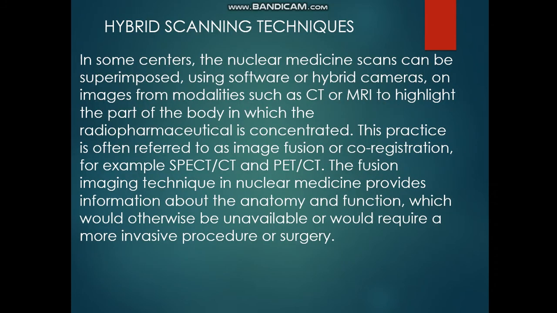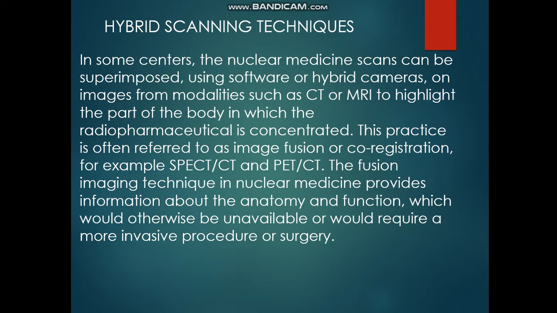In some centers, the nuclear medicine scans can be superimposed using software or hybrid cameras on images from modalities such as CT and MRI to highlight the part of the body in which the radiopharmaceutical is concentrated.